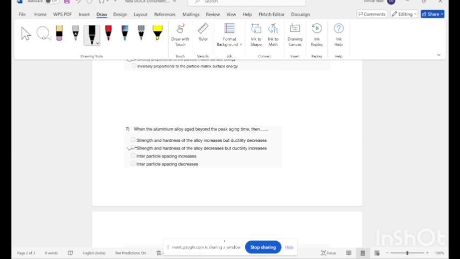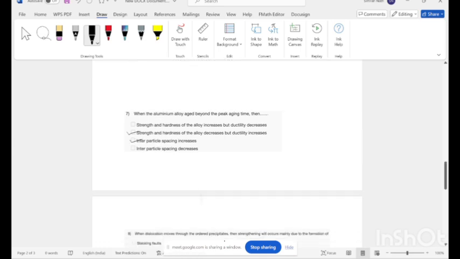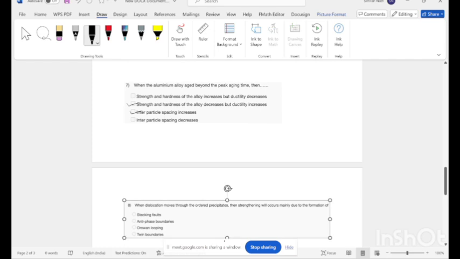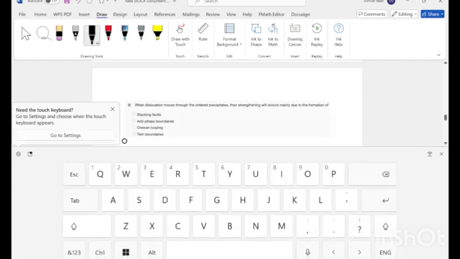Hardness is decreased. So what is the reason for the decrease in hardness? Interparticle spacing increases. Yeah, correct. It means coarsening of the precipitates happens at higher aging time.